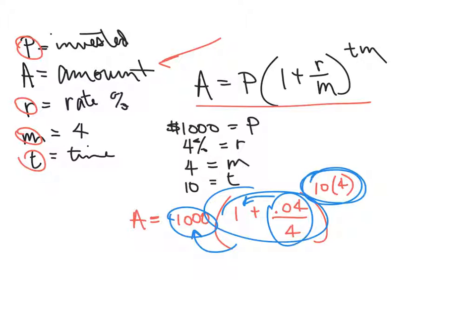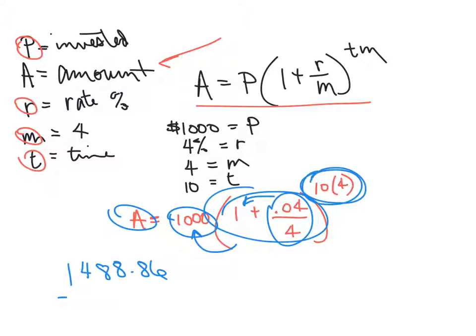And you'll get your answer. And that's how much money you will have in the account after 10 years. Well, what if you want to find just how much interest you made? Let's say that our A was $1488.86. That's how much money you had after those 10 years, and that includes the $1,000 that you put in there.